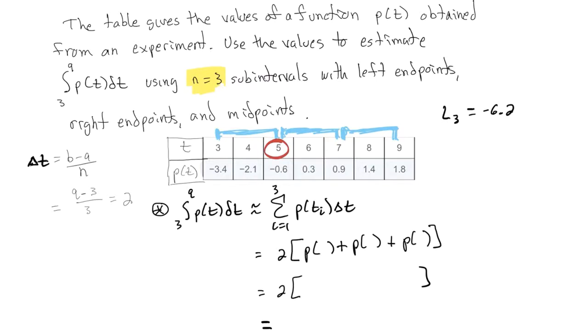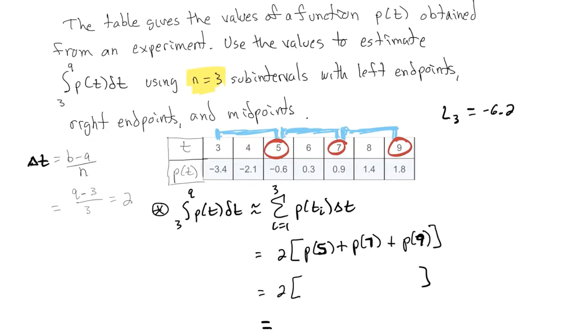So I'm going to be finding p at 5, and then t equals 7 is the right endpoint of that next subinterval, so I'm going to be finding p at 7. And then for my third and final rectangle, t equals 9 is the right endpoint, so I'm going to have p of 9.